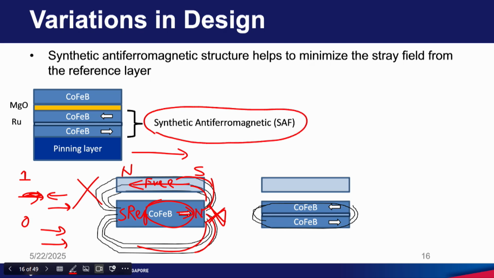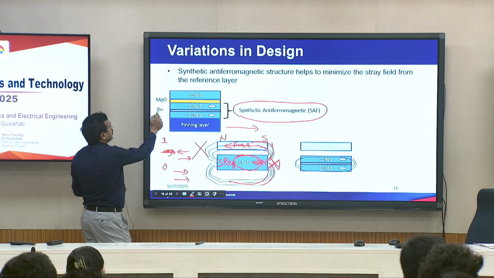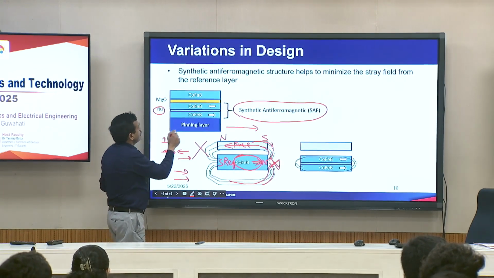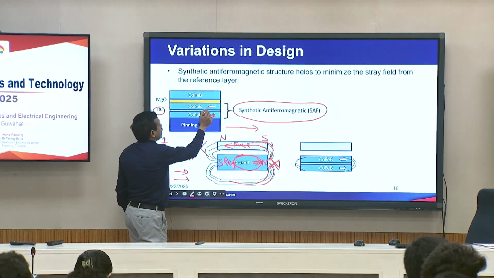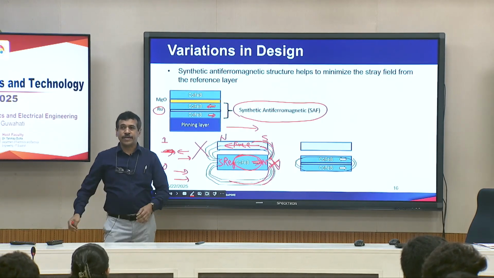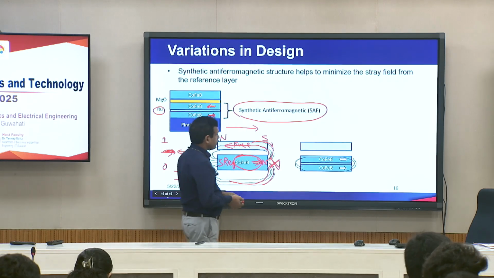Okay. So, 2 days ago I discussed this concept. So, if you have 2 ferromagnetic layers separated by a suitable thickness of ruthenium layer, so we learnt that the neighboring magnetization can point in antiparallel direction. So, this is the synthetic antiferromagnetic concept that we learnt a few days ago. Okay.